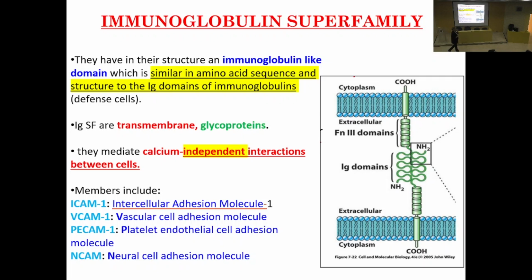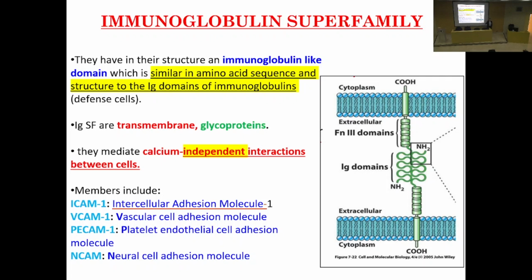All right. So what you have to keep in mind is that I have here an immunoglobulin superfamily cell adhesion molecule. You can see I have an extracellular domain, a transmembrane domain, and also a short cytoplasmic domain.